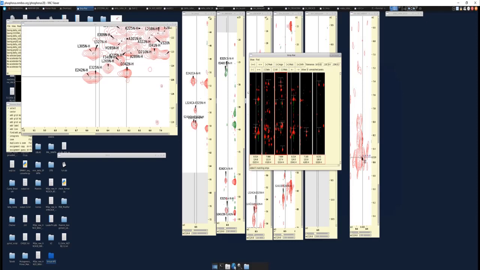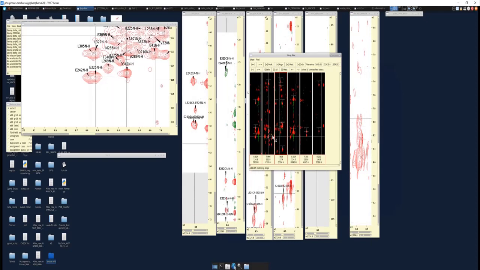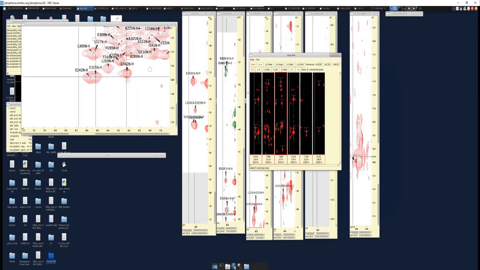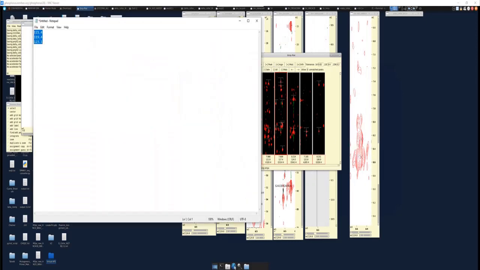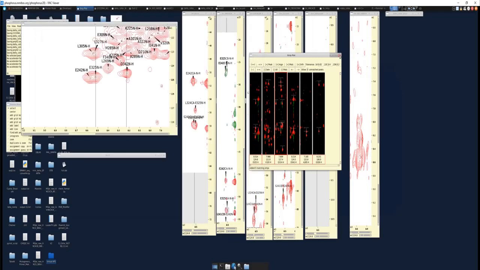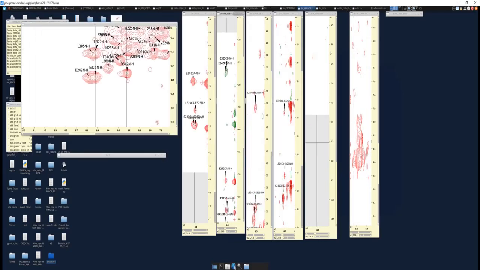But Sparky only lets you look at one at a time. So you can either go the way I showed through each one individually and see which one lines up, or you can write down the values from your NOESY strip plot and compare them to the values in your strip plot using the triple resonance experiments. So this is one way that you can use your NOESY to try and confirm or narrow down some of the potential matches that you've gotten for your I+1s and I-1s.